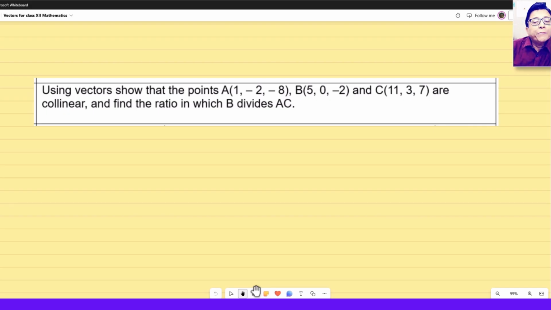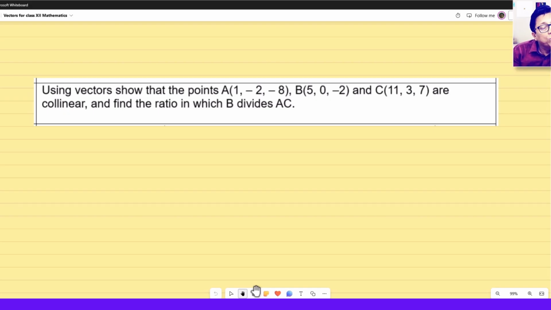Now another type of problem which you have done in theory, but using vectors. It is specified and you will find understanding will be easier for you to prove it with the help of vectors. They are collinear, given. Find the ratio in which B divides AC.